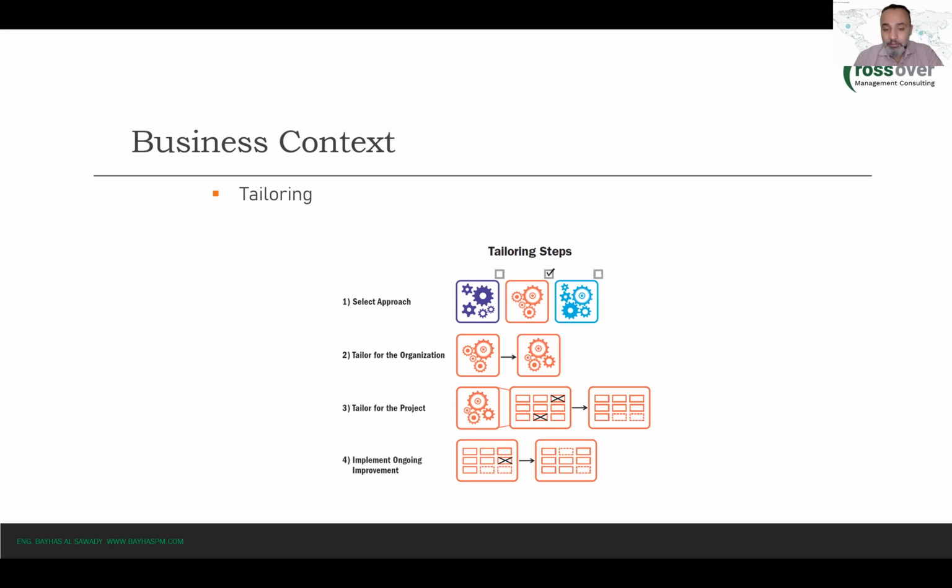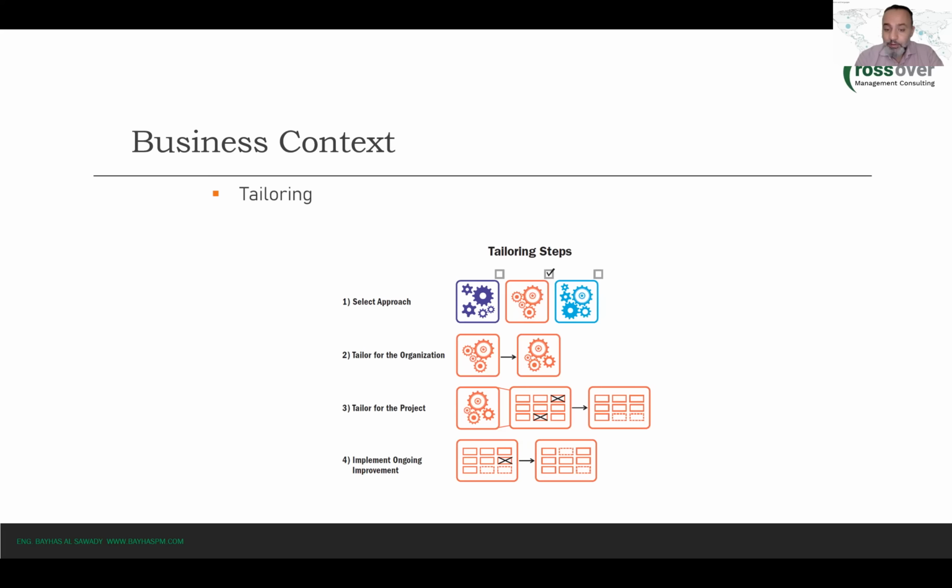And you or the project manager should be able to tailor the approach correctly. Otherwise, you will end up using possibly extra processes or extra documents that are not needed to manage your project or that don't actually add any value to the project management effort. So basically, you need to tailor.